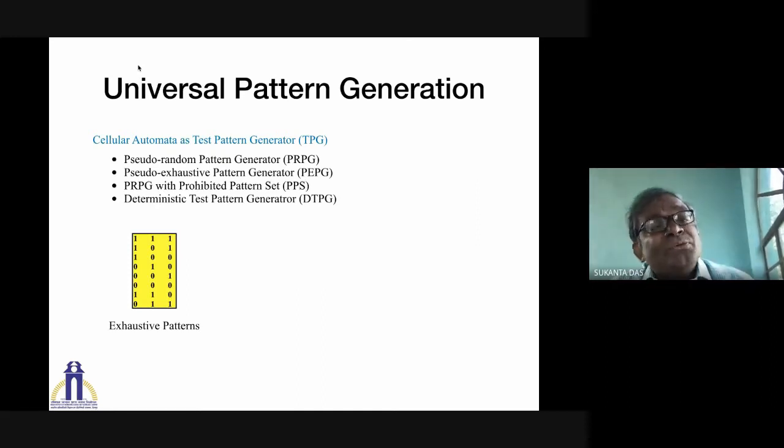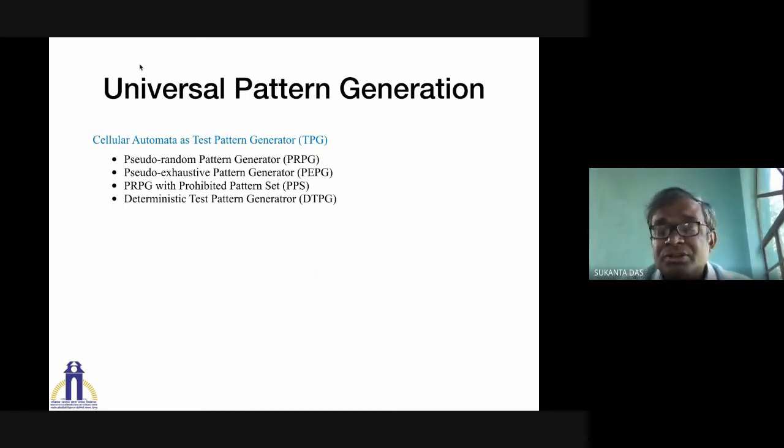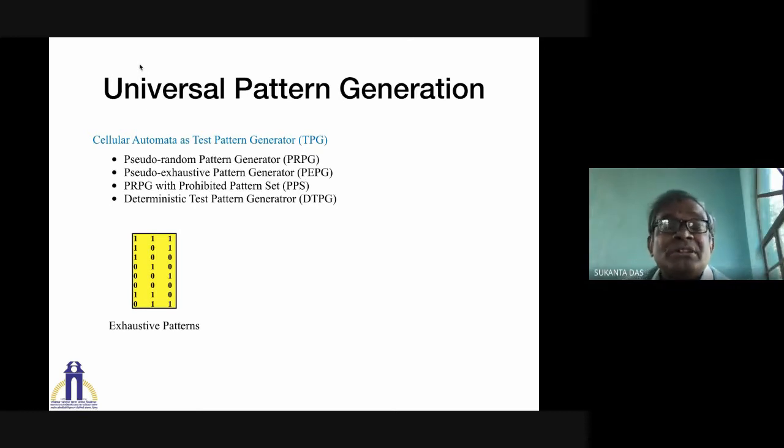And if you really need so, with an approximation, you can use maximal length cellular automata, where the all 0 pattern will not be there. But apart from the all 0 pattern, all the patterns can be generated by a maximal CA. So since we don't in general need the exhaustive pattern, I have excluded it from here.